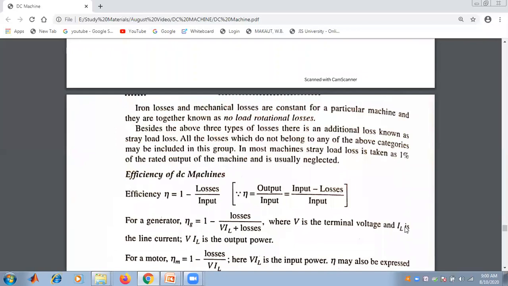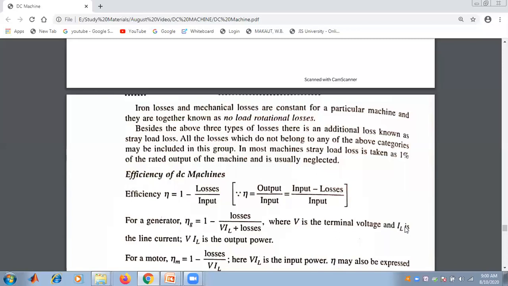So, iron losses and the mechanical losses are constant for a particular machine, and they are together known as no load rotational losses. Besides all the above three types of losses, there is an additional loss known as stray load loss.